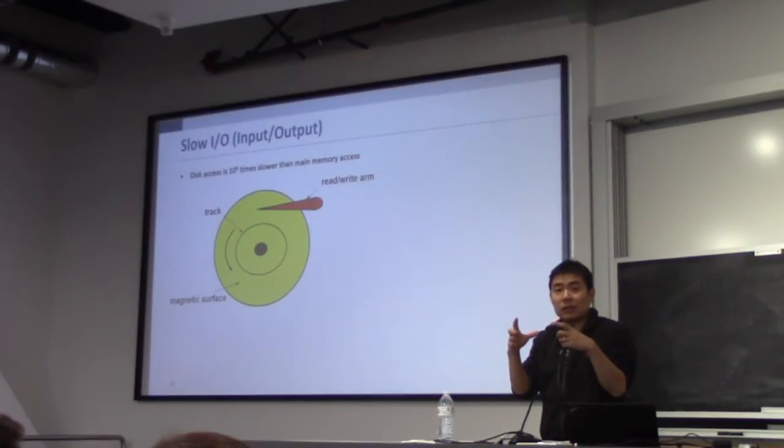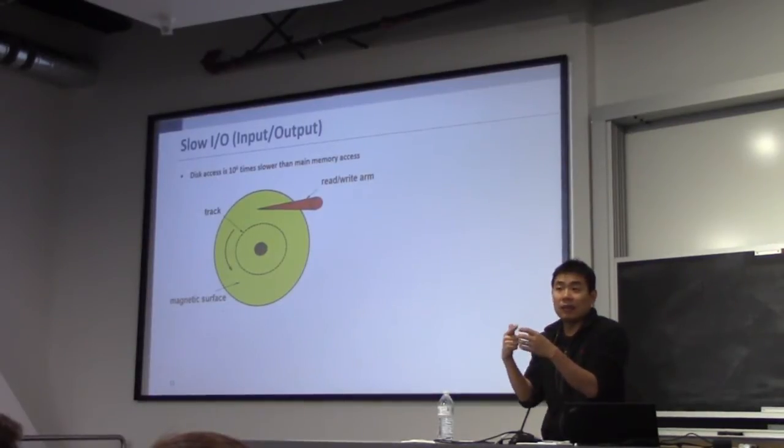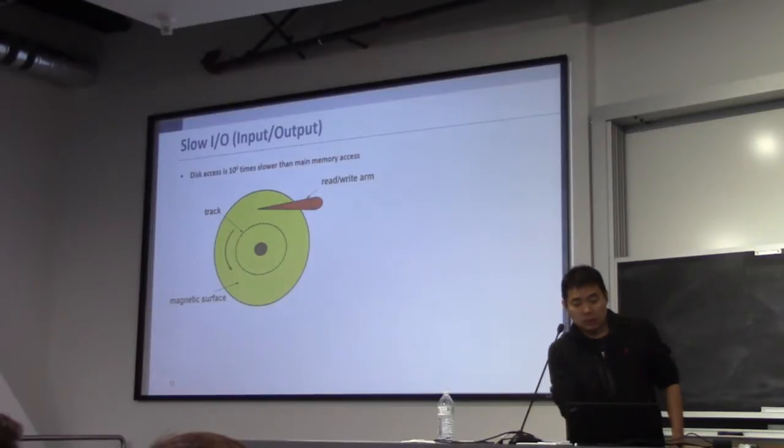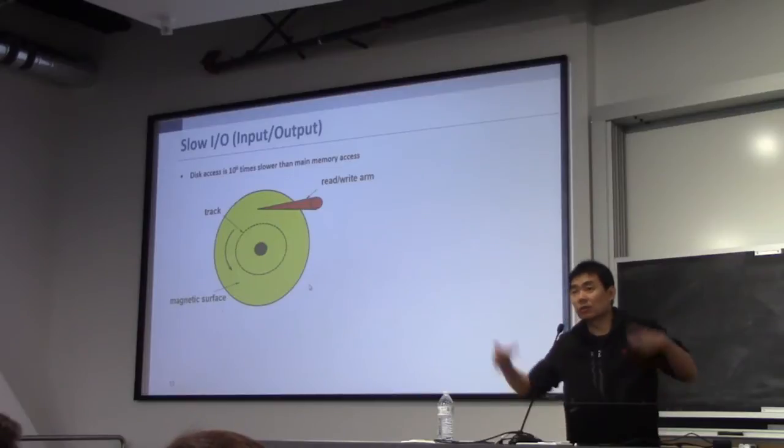A track essentially is all the surface areas that have the same radius to the center of this cylinder. So this is the center of the cylinder, and a track is all the surface areas with the same radius to this center. So it's a circle, right?